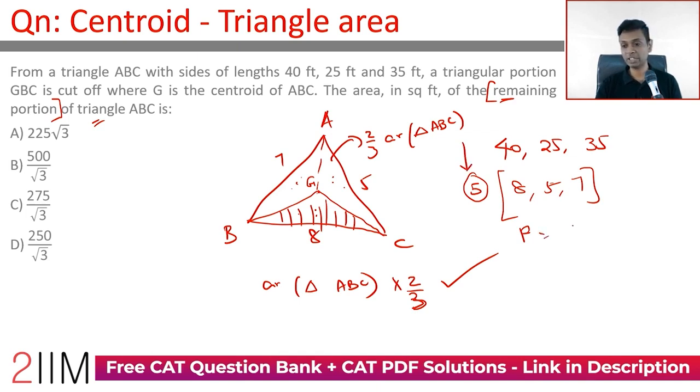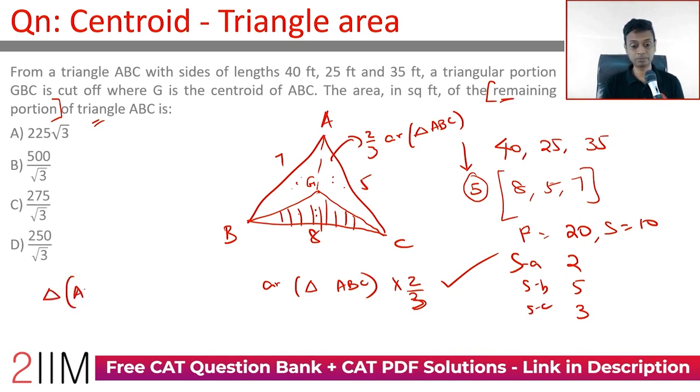Perimeter is 8 plus 5, 13, 13 plus 7, 20, so semi-perimeter is 10. S minus A, this minus the first number is 2, 10 minus 5 is 5, 10 minus 7 is 3. S minus A, S minus B, S minus C in some order. And so, triangle ABC area is some multiplying factor because it's 5 times.